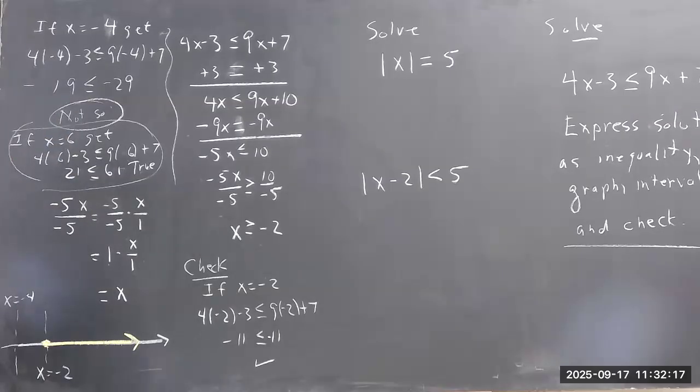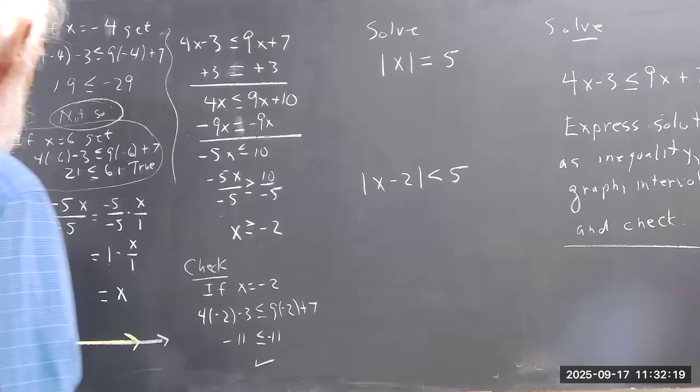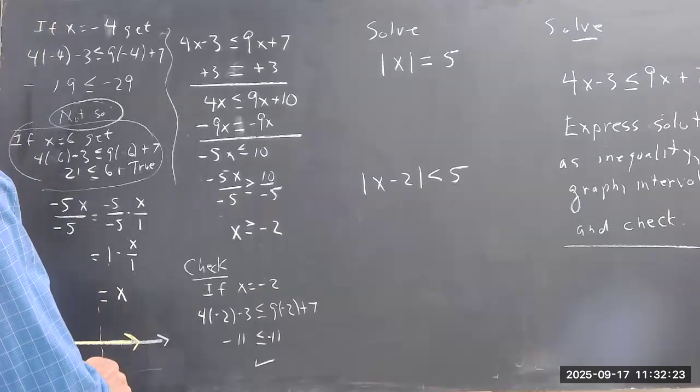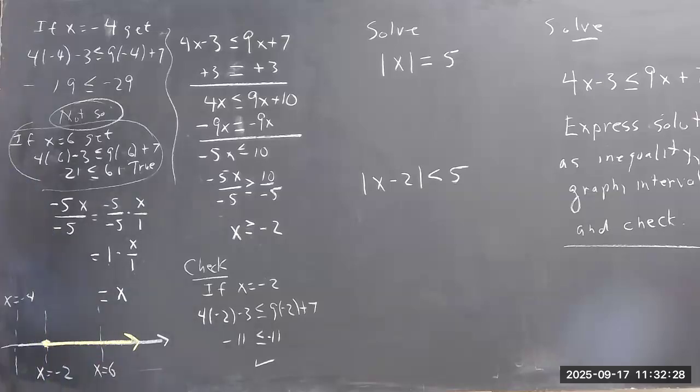It didn't work. If we use 6, which is maybe over here somewhere, that's in the solution set. Goes right through that arrow, right? So there we have it. There's a picture that represents the results that we got from checking.